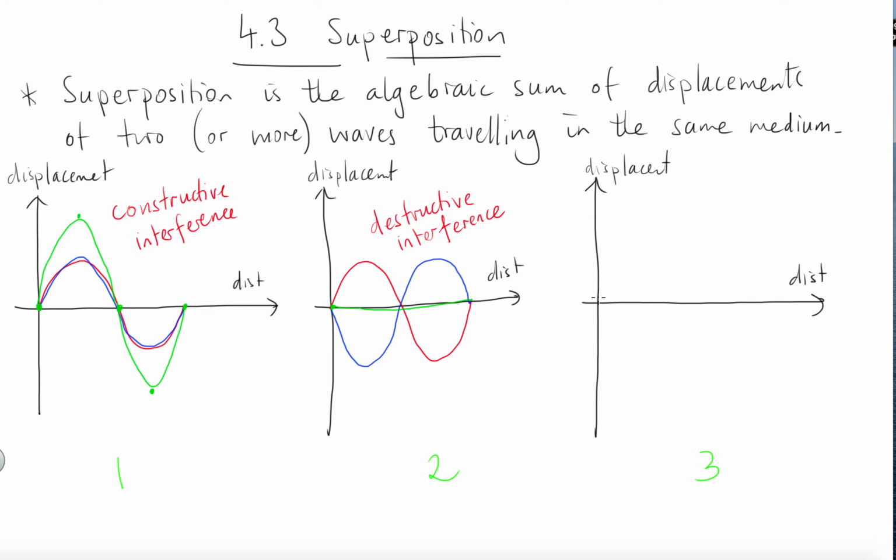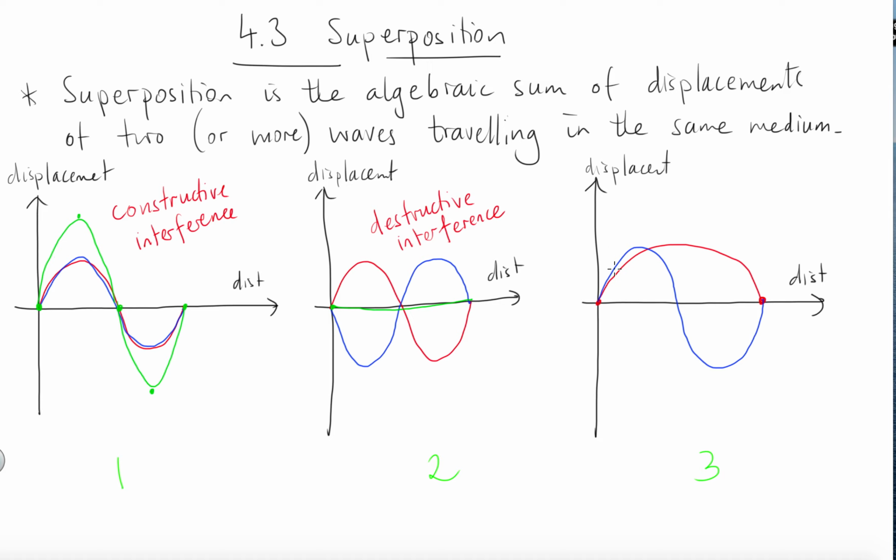However, let's look at another final case of superposition, where we have a red wave with a certain wavelength, and a blue wave which has the same maximum amplitude but a slightly shorter wavelength. So what would happen here?